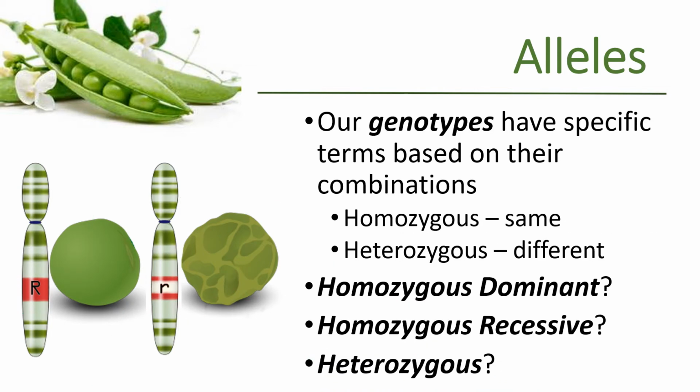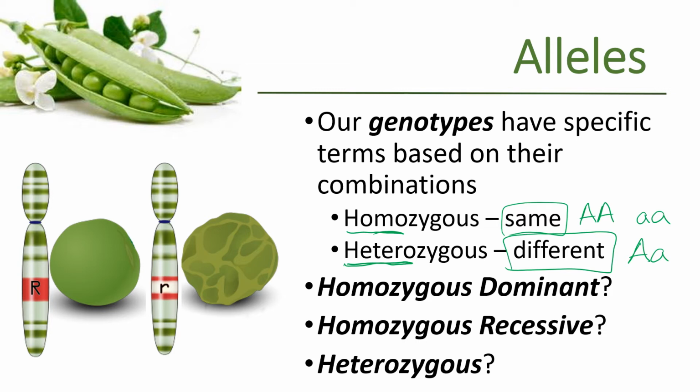Now, our genotypes have their own specific terms based on how we combine them. The term homo in science means the same, and the term hetero in science means different. So you can be homozygous, where you have 2 of the same letters, such as 2 capital A's or 2 little a's, or you can be heterozygous, where you have a mix of capital and lowercase.